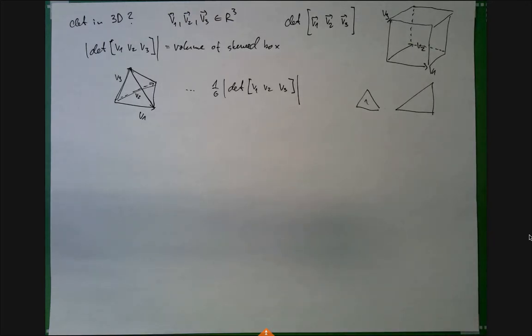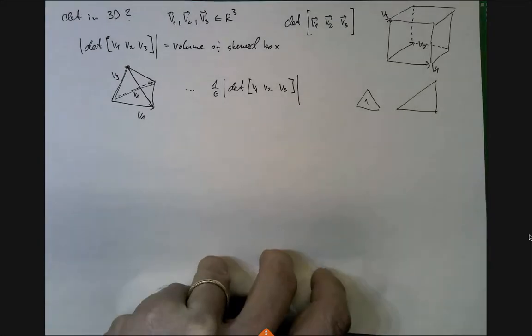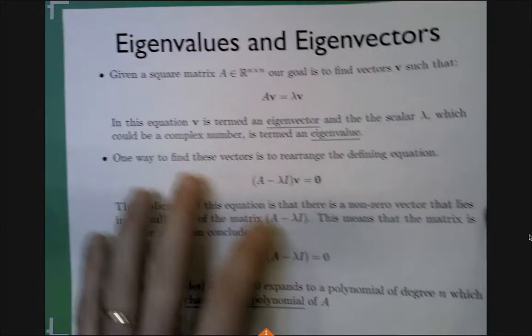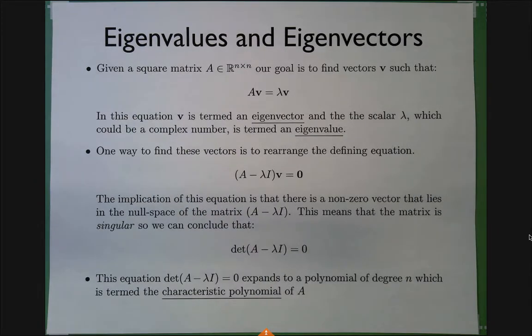All right, so that concludes what I wanted to tell you about determinants. And in the following, we are going to be using them. The first use of determinants will be already in eigenvalues and eigenvectors. So that's the next very important topic we're going to look at. There's a number of ways I could motivate that.